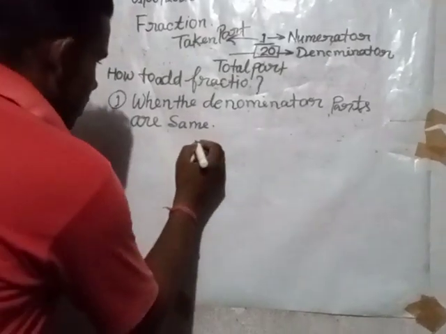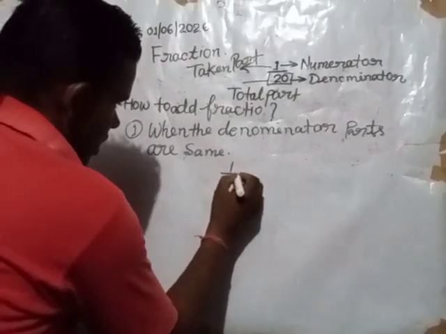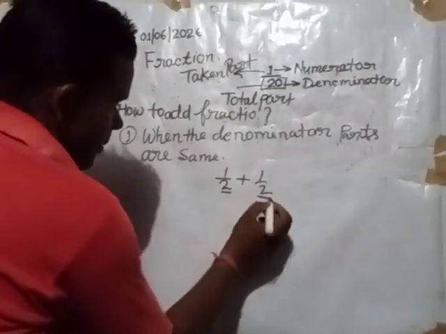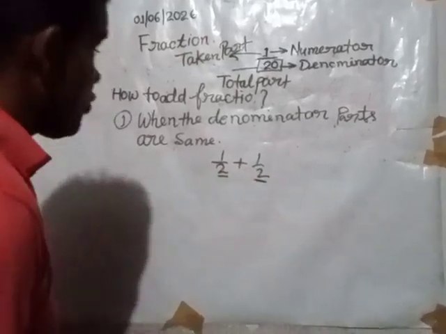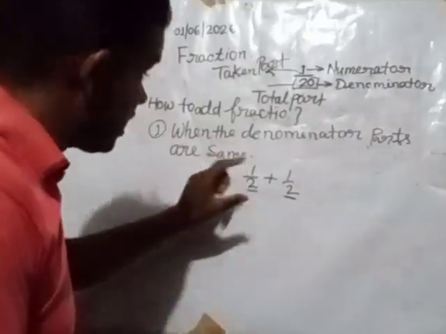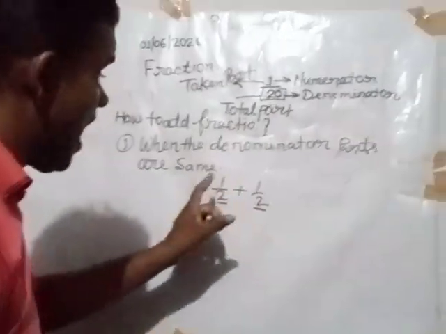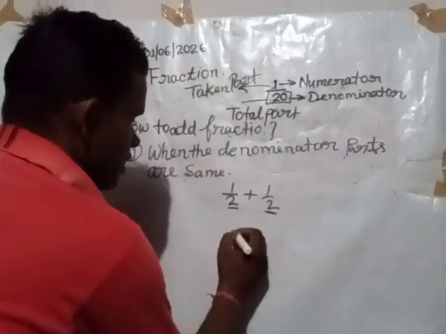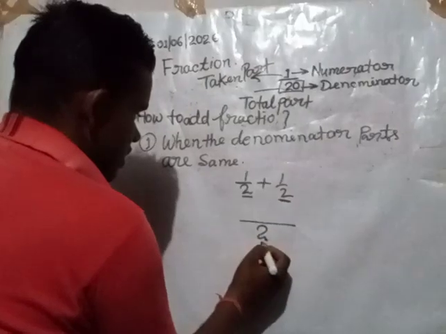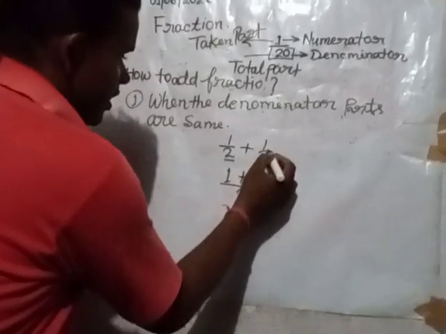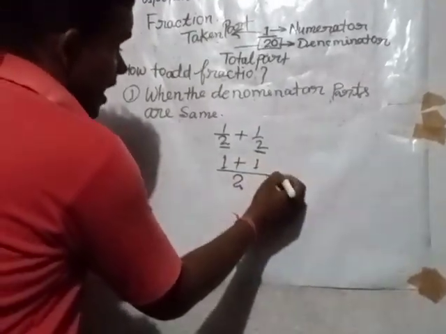For example, here we take 1 by 2 and 1 by 2. Here observe the denominator parts are equal. How to add? First we write the denominator as it is, and take the numerator parts of each fraction and add them.